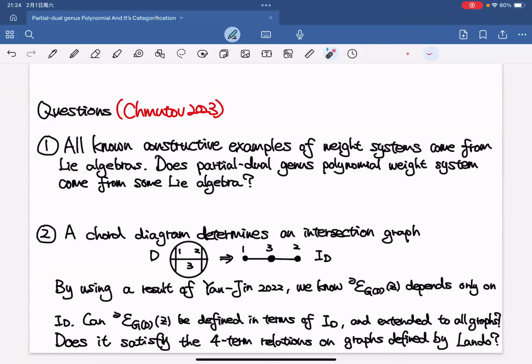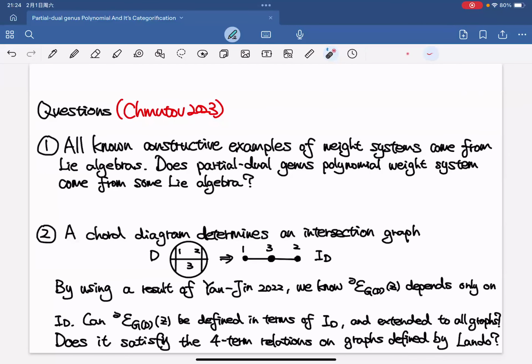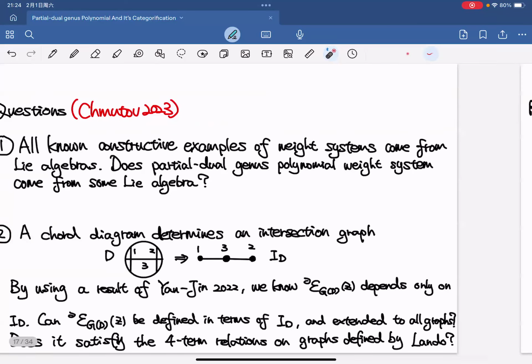And finally, the most important point, he wants to know, does it satisfy the four-term relation on graphs defined by Lando about 20 years ago? I will give an answer to the second question.